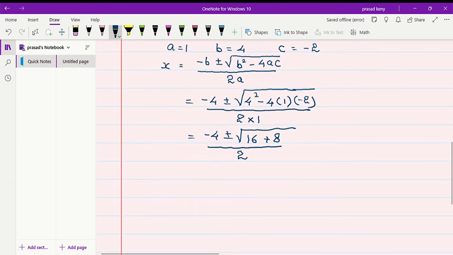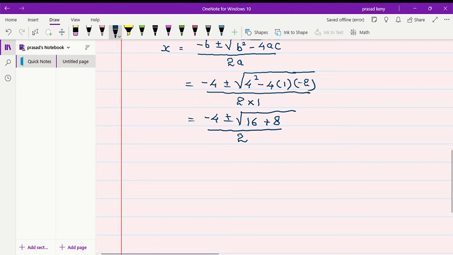So that is minus 4 plus or minus root 24 divided by 2. So just find its roots on the calculator.